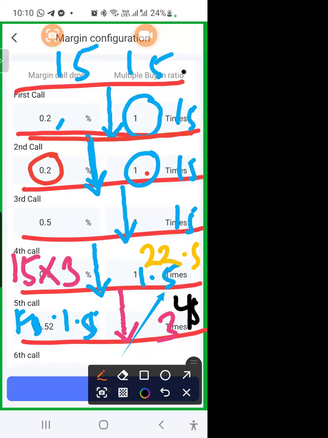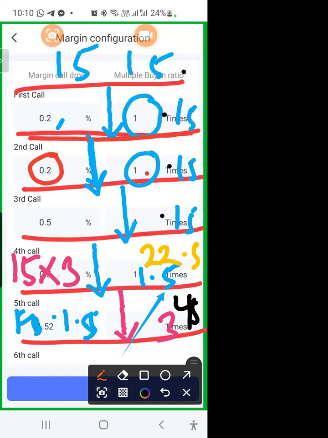Now the technique comes in here. First call, second call, third call, fourth call, these ones will be added up together. They are 15, 30, 45 plus 15, it will be 60. Plus the first 15 we exposed, that is 75.